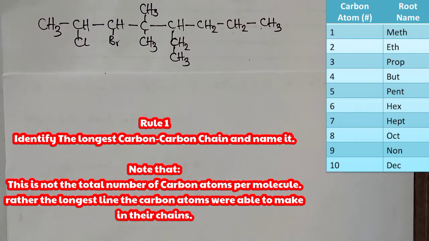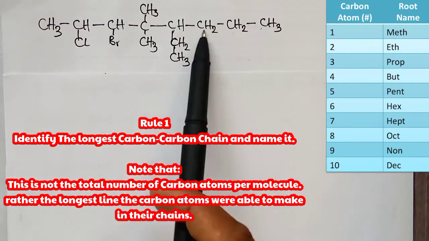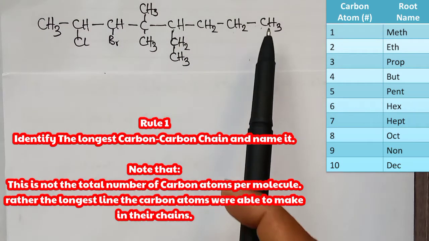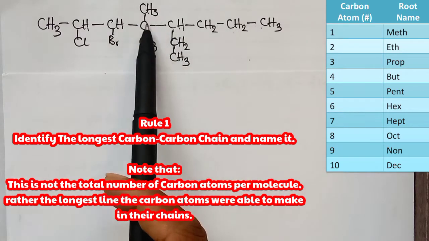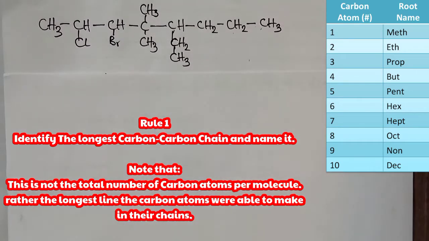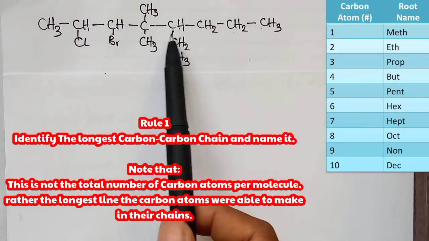Now, we need to apply this rule in this compound. Look at this. We are looking at the carbon-carbon chain. We are going to count them. We have 1, 2, 3, 4, 5, 6. We go again, and again, 6.